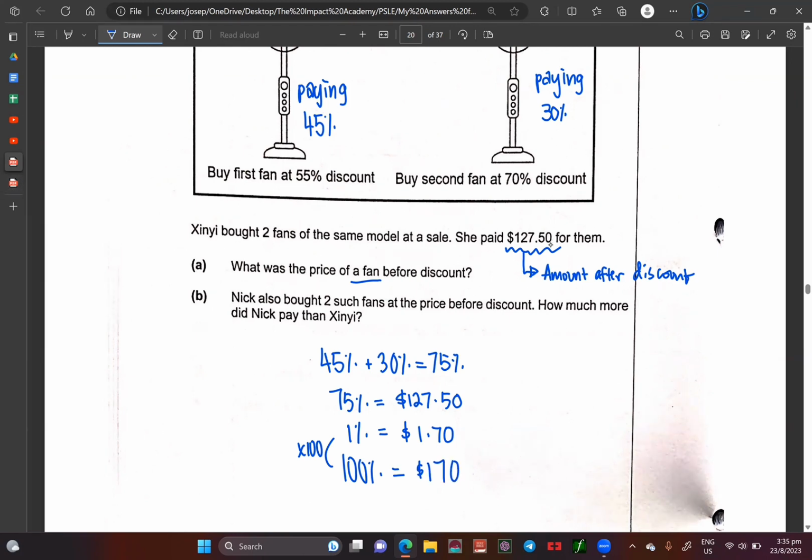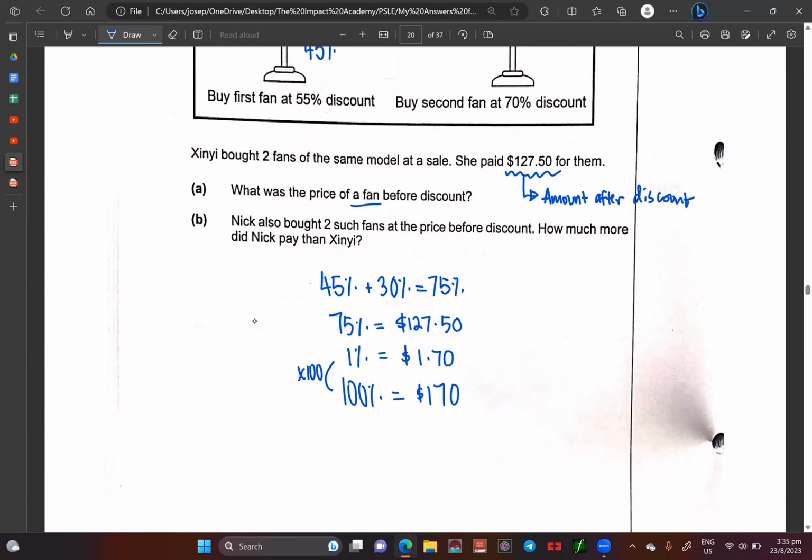Now B says that Nick also bought such 2 fans at the price before discount. So unfortunately, Nick does not have any discount. So 2 fans without discount is simply 170 times 2, and we get to 340.